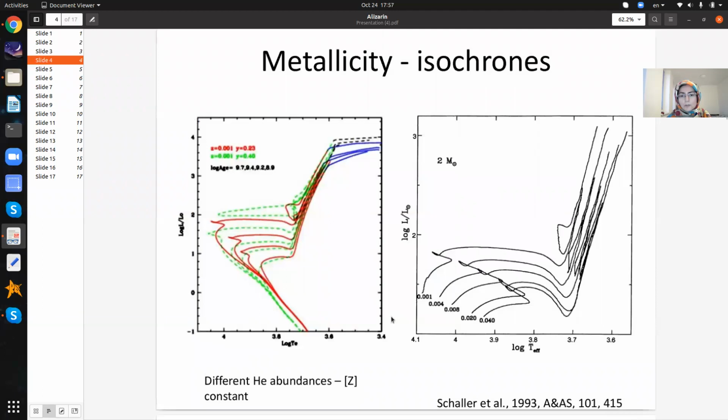For these clusters, we have the same, for example, T effective and luminosity. And in here, we see the different helium abundance. If we have different abundance, we have different metallicity, we have different isochrones, as you see in these two plots.